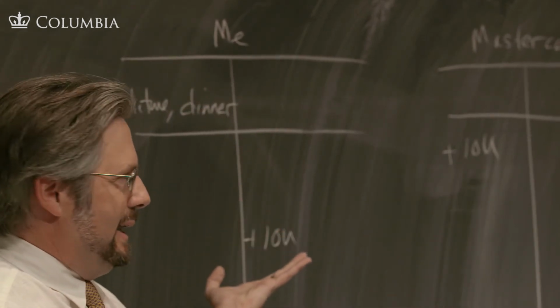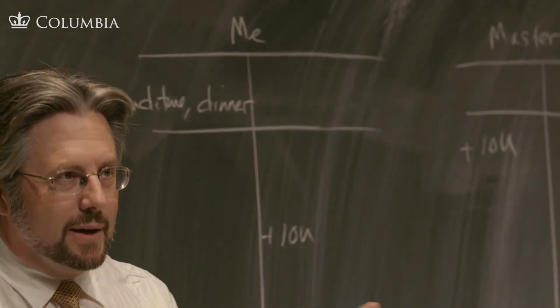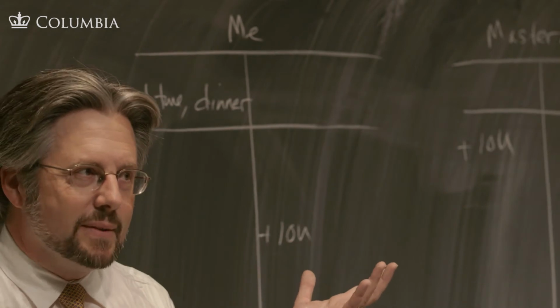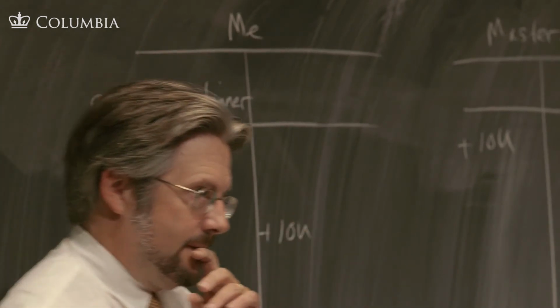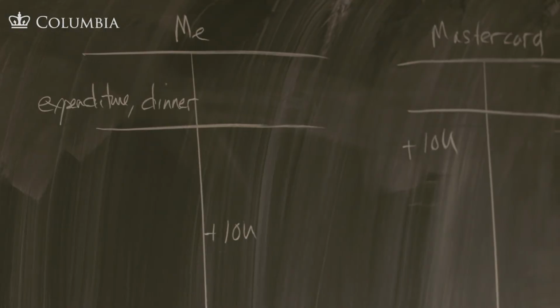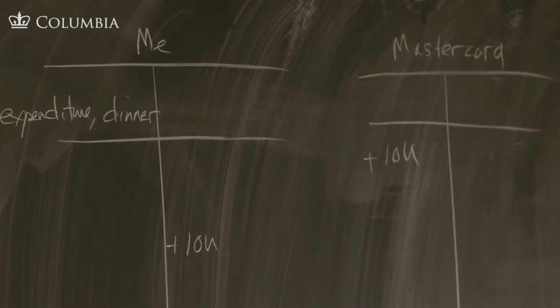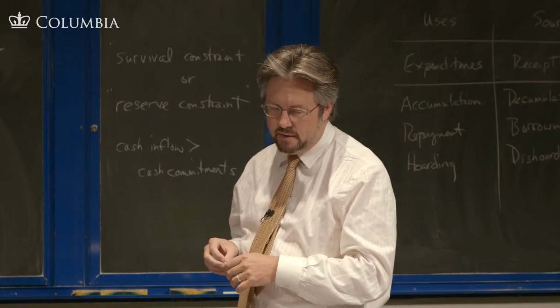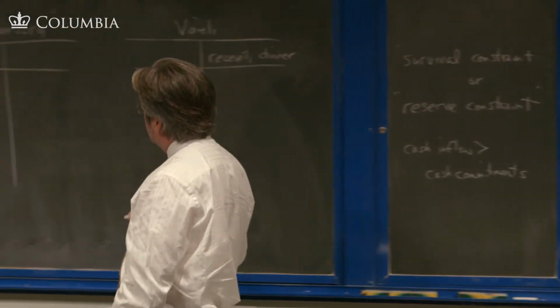But why did Varelli say, okay, fine, you're free to go now? Okay, they got something. They got something. They didn't get it from me, okay? They got it from MasterCard. They got a IOU.